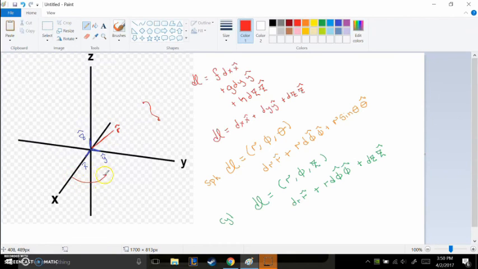X to y is phi, and z to y is theta. And finally, we already know what r is, we already know what phi is, and we already know what z is. So each of the unit vectors in these three different coordinate systems have been accounted for, and now you know how to represent a path length in any of these three coordinate systems, although the proof will come later.